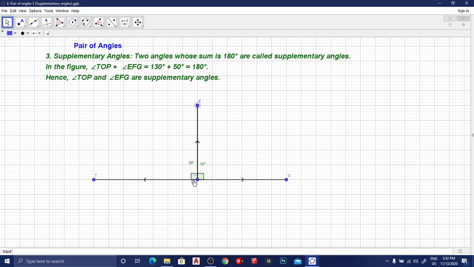Generally supplementary angles may not be like this, they can be separate also, with different vertices and different arms like this. That's why the second property is written that if the supplementary angles have a common vertex and a common arm, meaning if they are adjacent to each other, then they will form a linear pair like this. Okay, that's the second property.